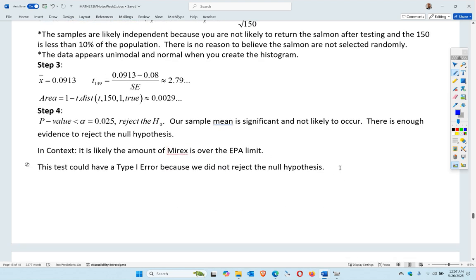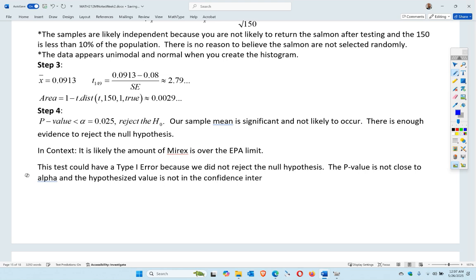So the p value is not close to alpha, and the hypothesized value is not in the confidence interval. Okay. All right, that's the end of that part.